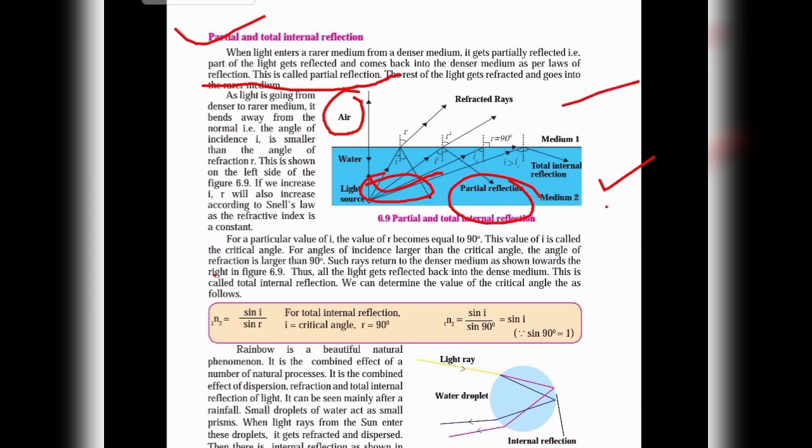it gets partially reflected, that is, part of the light gets reflected and comes back. Here it is shown in the diagram that this part of light is reflected.